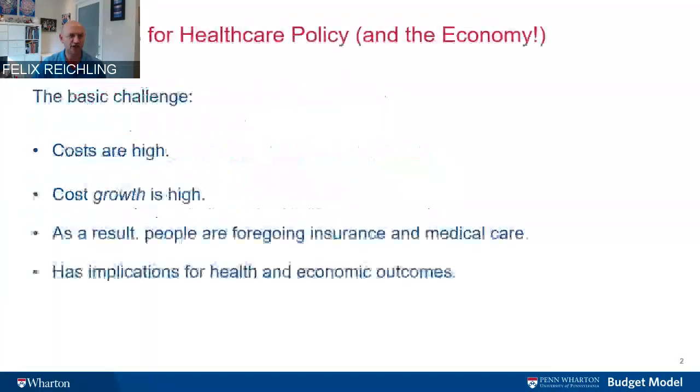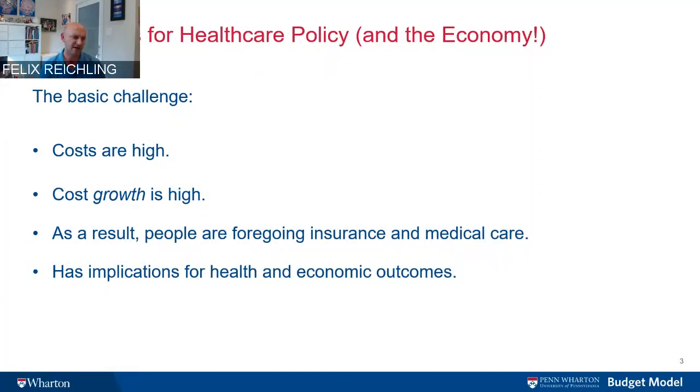So what are the challenges in healthcare policy? And of course, those affect the economy in big ways, since now healthcare in the US is roughly 20% of GDP. The big challenges are, of course, costs are really high in the US, much higher than in other countries, and I'll show you some data on that. But not only is cost high, but cost growth itself is high too.